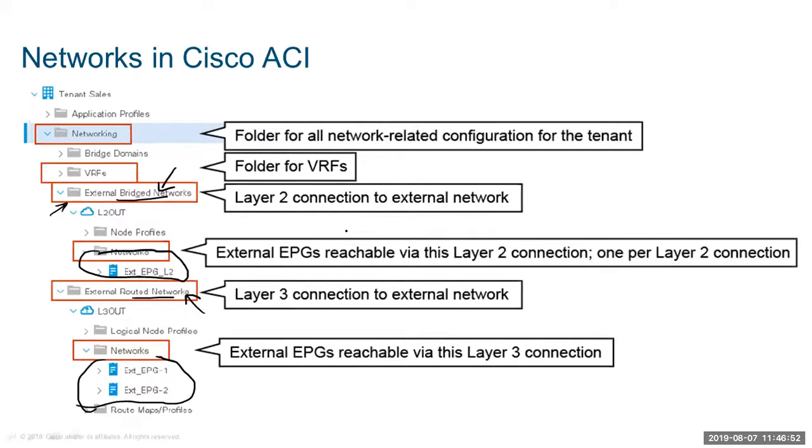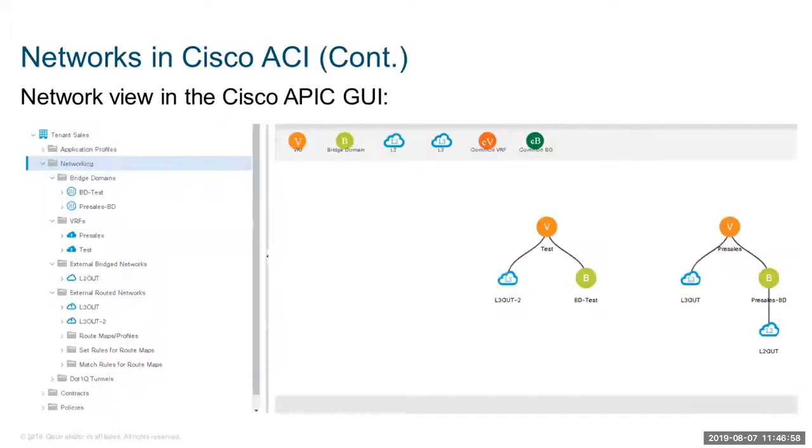And in the GUI, once you configure those connections, by the way, here's an example over layer 3. This is a VRF, by the way. This VRF has a layer 3 connection and another one.